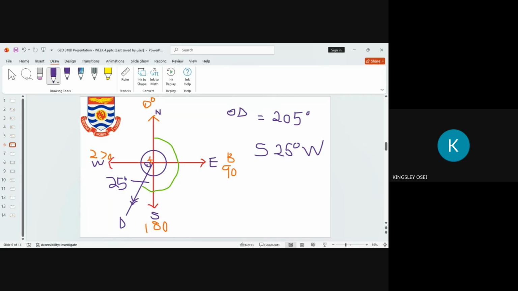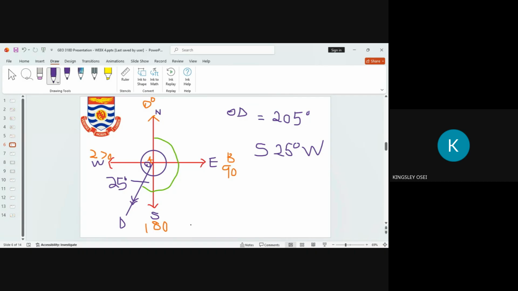This line OD. We said from here, 205 is the whole circle bearing. So if you're in that system, I must start from the north and go clockwise. Now, when you are going clockwise, by the time you are here, it is 90. By the time you have moved to this one, it's 180. So how much are you left with to get 205? It's 25. How did you get that one?